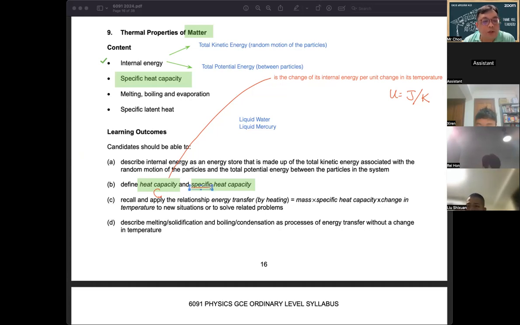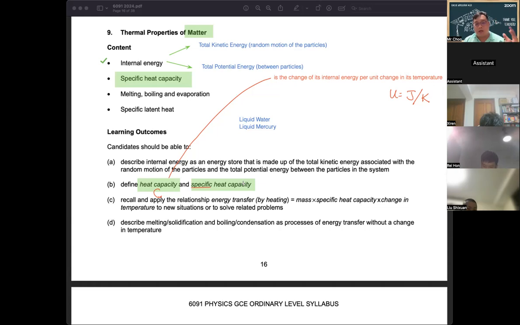Okay, the difference between heat capacity and specific heat capacity is that specific heat capacity is always the same for the specific material, just like density. Density of water is always the same. If you are talking about liquid water, it's always the same value, just like density of gold.